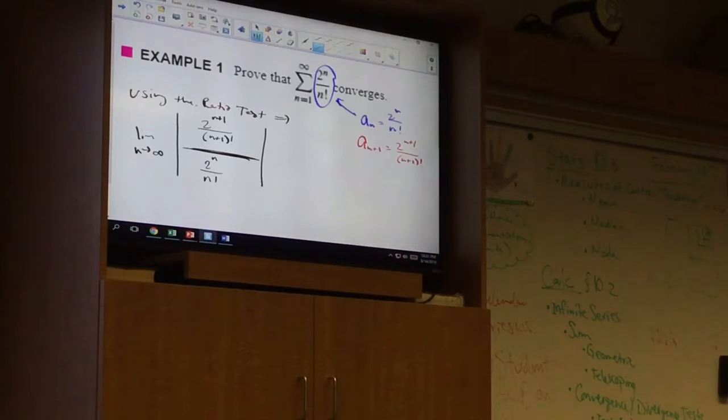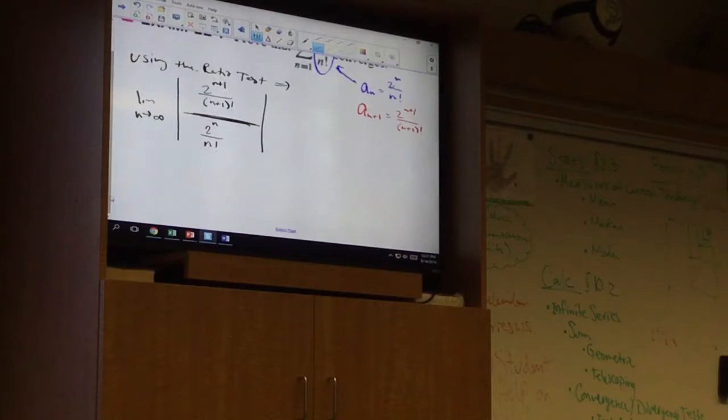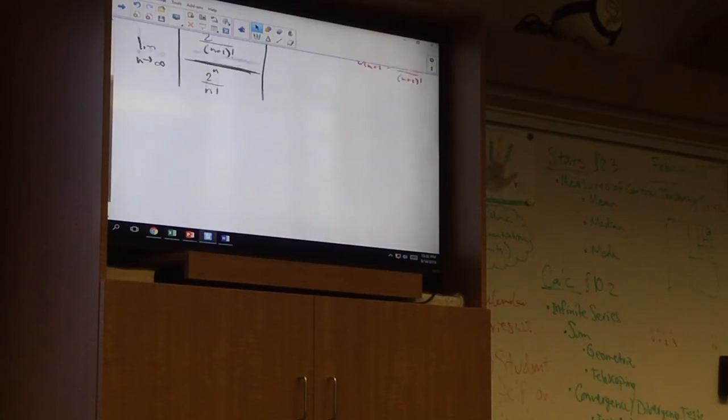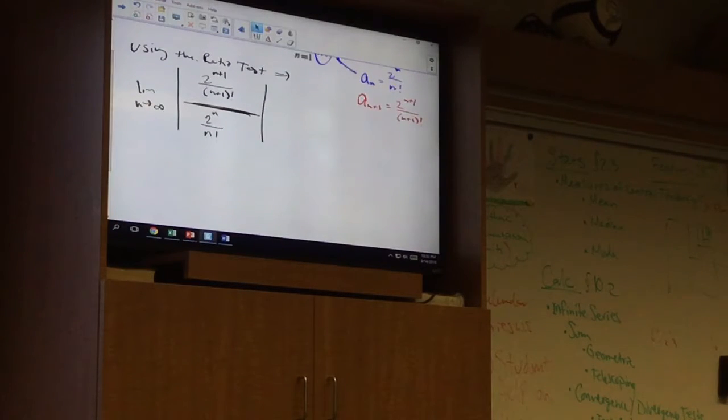Right? So now we have to evaluate the limit. And I know how much you guys love limits. So this is awesome. So this ends up being the limit as n approaches infinity of the absolute value of 2 to the n plus 1.